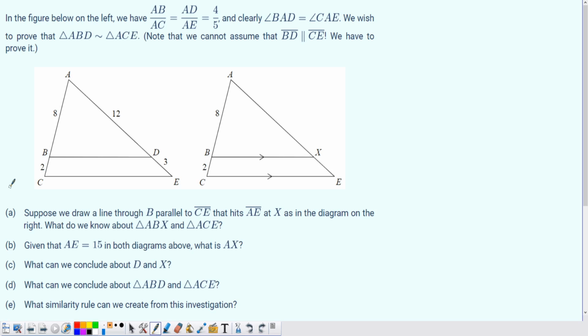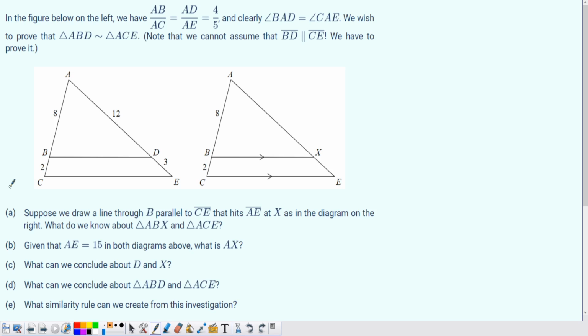The difference between the two diagrams is that BD we have not shown is parallel. We have just given it some length of 3. And AD is 12. We haven't said anything about whether or not it's parallel. That's not something we can assume.